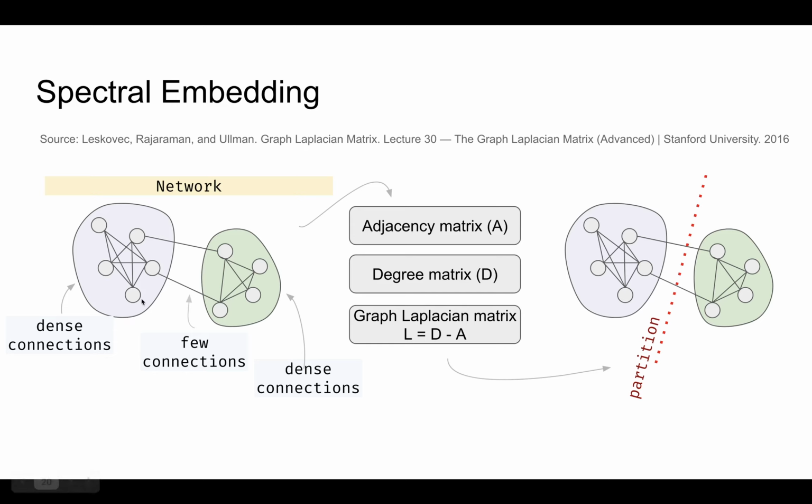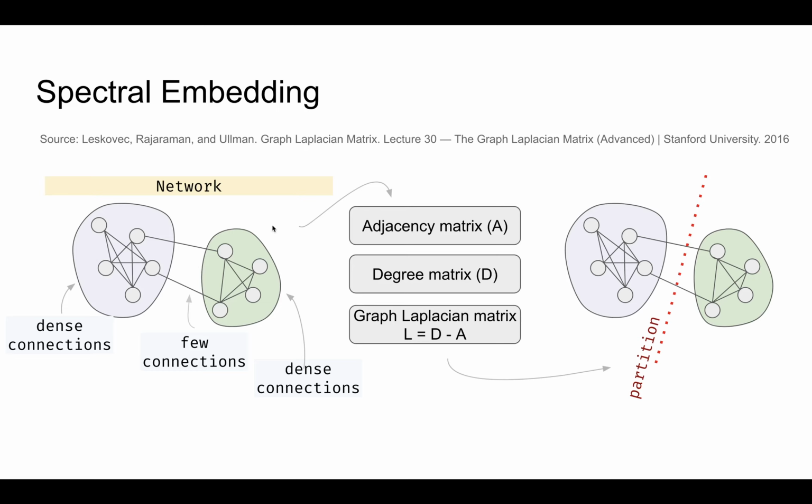So here this particular bluish cluster has more dense regions, and there is this green cluster which has a set of more connections, whereas there are few connections between these two clusters. So the idea then is to find a way to partition these clusters based on the number of connections between these zones, so to speak.